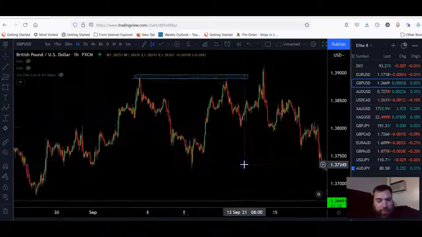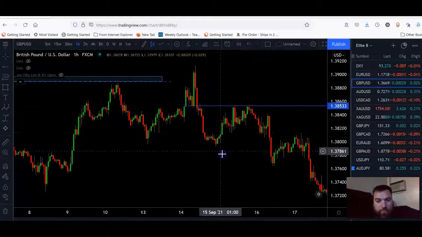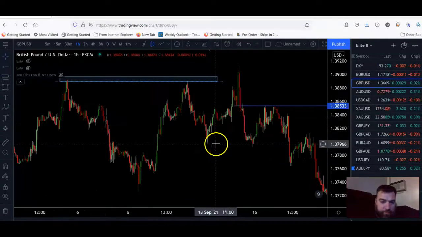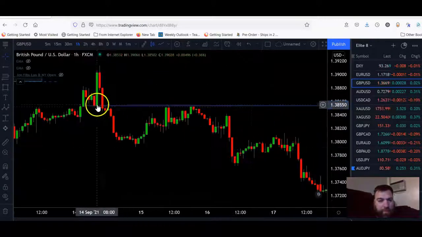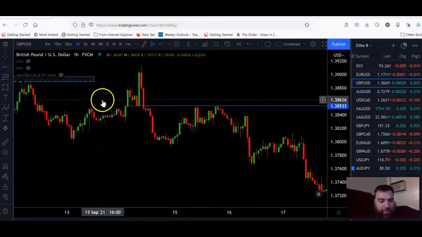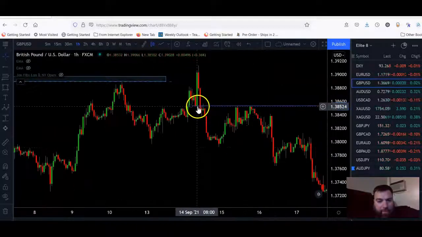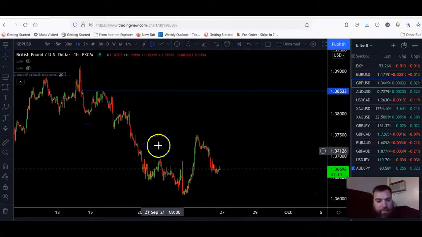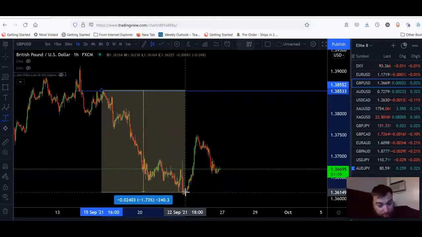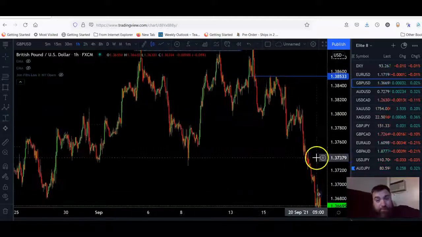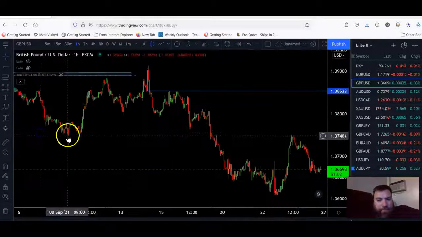Okay, and then it came back down. Then it came back up to the bottom of this candlestick right here. This candlestick that took all this out, came back up to here, and got this move down right here. So from here to here is 240 pips.